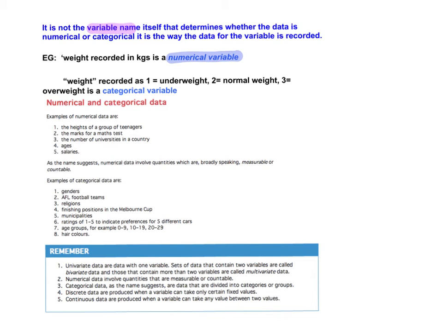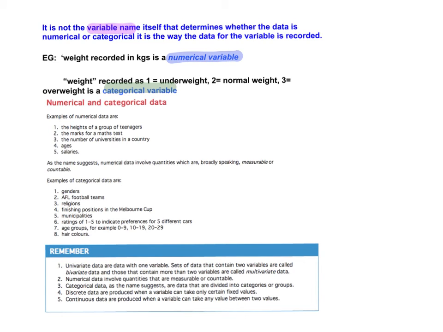But if you record weight by giving a survey answer of 1 if underweight, 2 if normal, 3 if overweight, that is actually categorical data, because we're putting them into a category. It's like age group: even though age is a number, once we group it, it becomes a category. Year 7s, Year 8s, Year 9s are ordinal, but categorical. It's not a number.